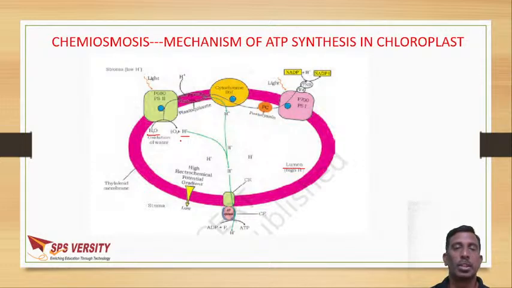ठीक है. Due to this electron transport, इसमें क्या होता है कि lumen में high concentration of protons रहता है. And if you compare the concentration of protons with lumen and stroma, stroma में low concentration of protons रहता और lumen में high concentration of protons रहता.